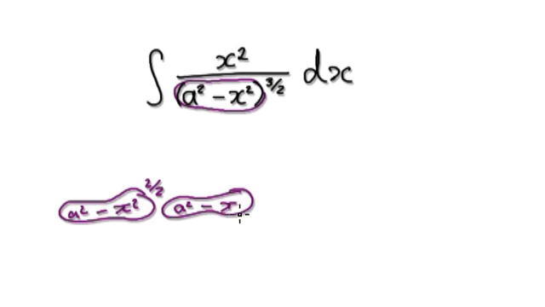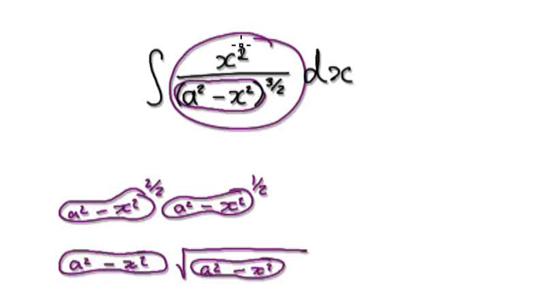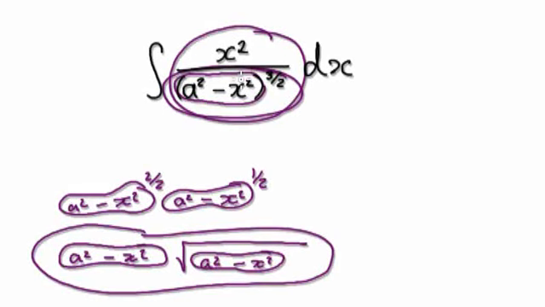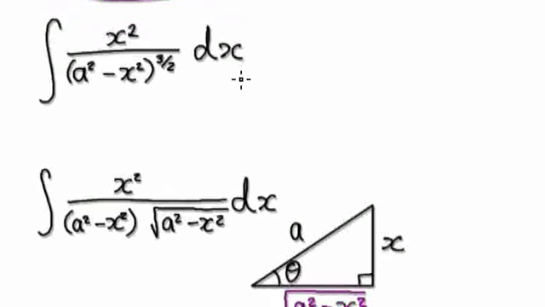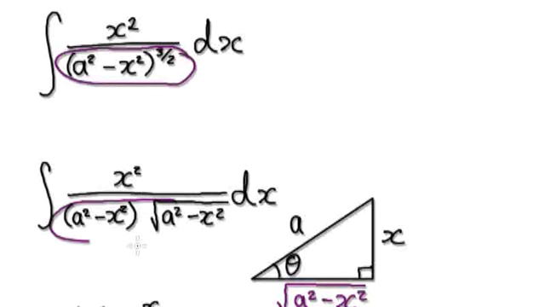So this a squared minus x squared to the power of a half is the same as this thing here, and then square root of that same thing here, a squared minus x squared. So we are trying to integrate this, but visualize this thing here as this thing here.